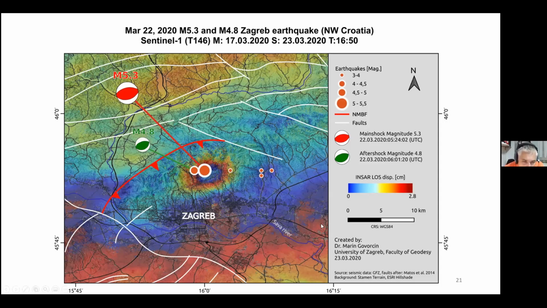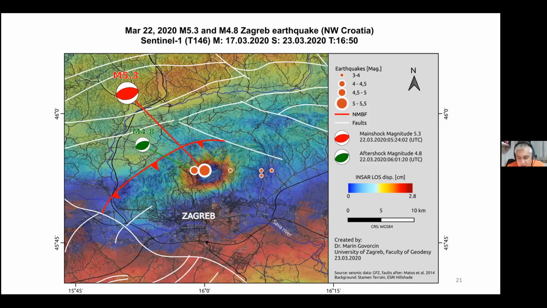And if we just estimate the rough position of the Zagreb station, which is somewhere here, and if we estimate the displacement, we can see that actually there were no displacements.